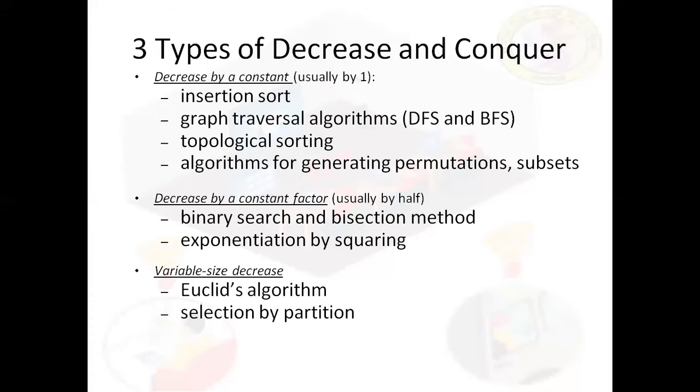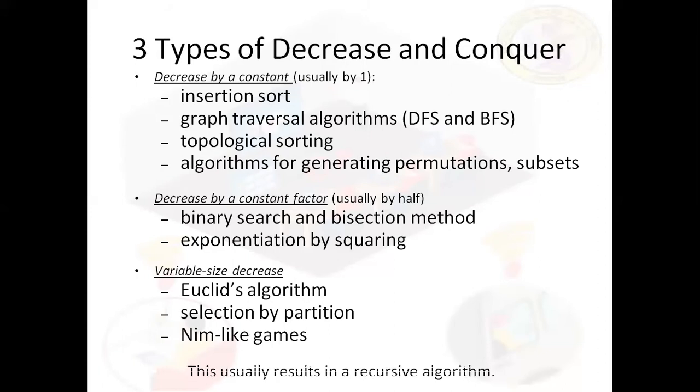And selection by partition is another example that makes us decrease the size of a subproblem in a variable size. And games like NIM will also fall in this category. So this usually results in a recursive algorithm, as we already know what is recursion. So in all these approaches, we are going to use recursion.